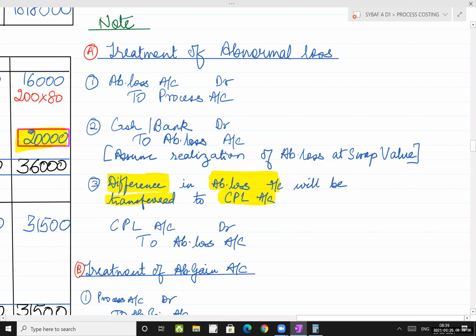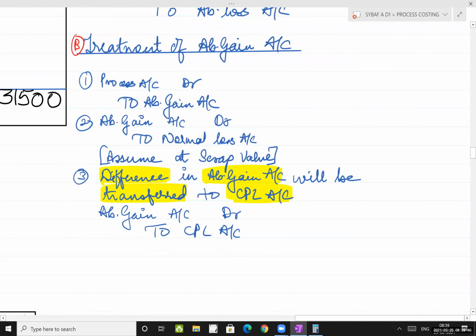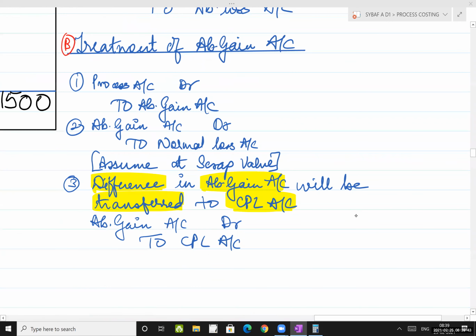Okay, next. Write down this. Treatment of abnormal gain. Process debit to abnormal gain, abnormal gain to normal loss, and difference will be transferred to CPL.